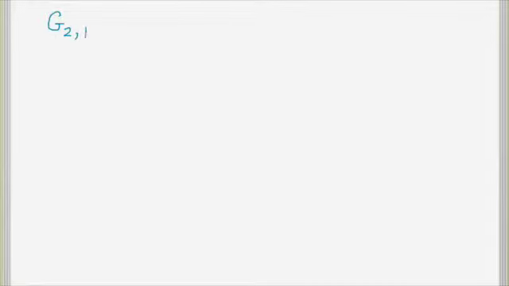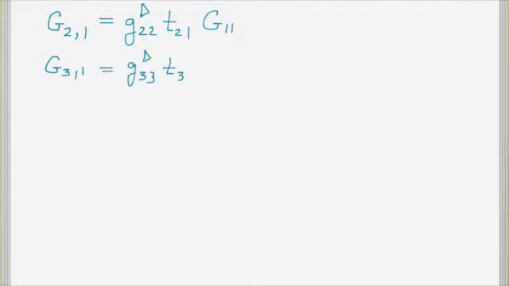for the whole column. G21 is going to be your right connected g22 T21 G11, right? And then G31 is your right connected g33 T32 G21, dot dot dot.